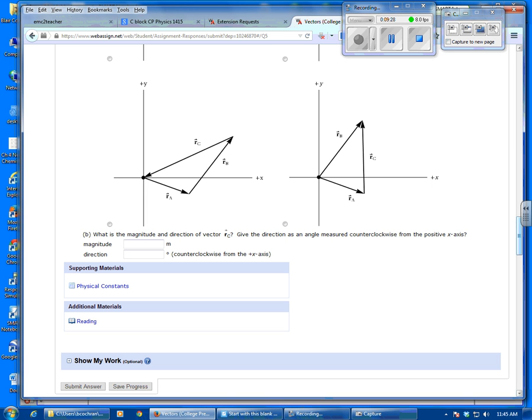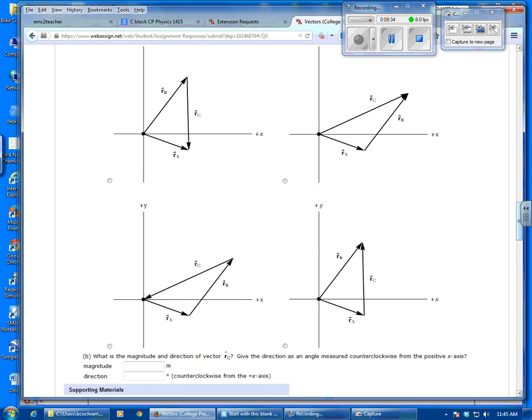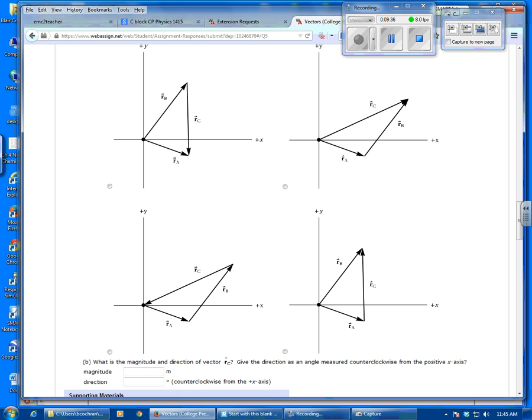The tail of RB is on the tip of RA. And I have tail-to-tail here. Oops, I must have misread one of them. Oh, the upper left, upper right also have tip-to-tail. So it's going to be the bottom left or upper right. And, oh, that's right, it's tip-to-tail and then tail-to-tip.